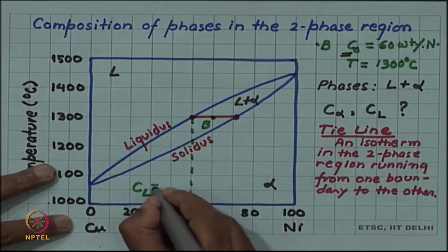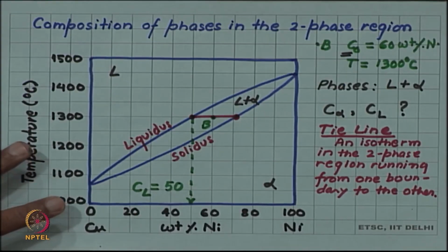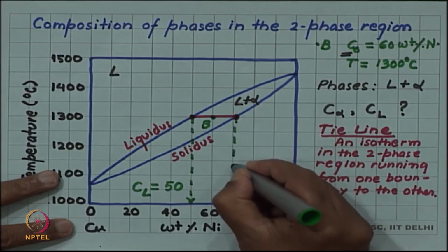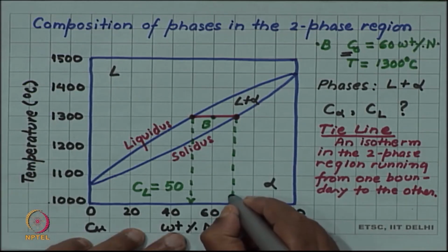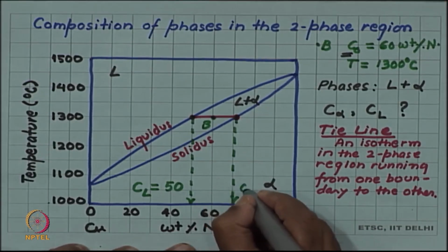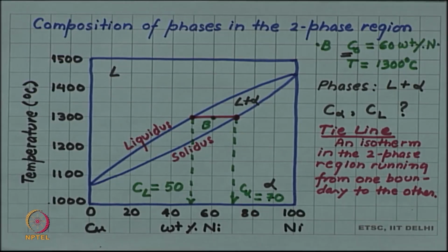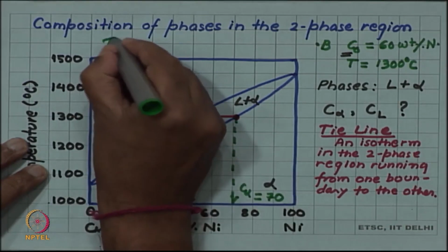So, the liquid end point of the tie line will give me the liquid composition, which is 50 weight percent nickel, and similarly the solid end of the tie line will give me the composition of the solid phase, in this case the alpha phase. So, C alpha is 70 weight percent nickel. Sometimes we can give a name to this rule: the tie line rule.